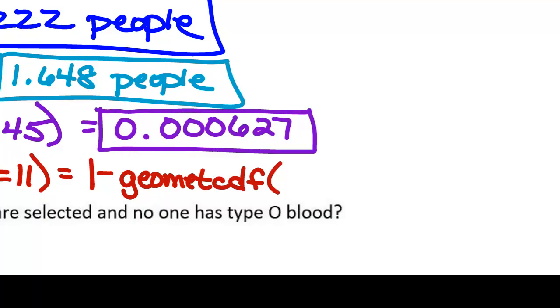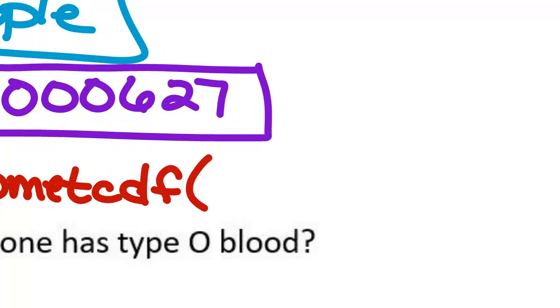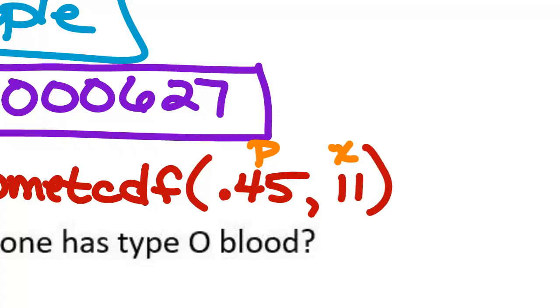What are the two things that we need to feed geometcdf? Probability and x, which is our upper boundary. What is the probability? 0.45. We're going to label that as p. And what is my boundary? 11. We're going to label that as x.